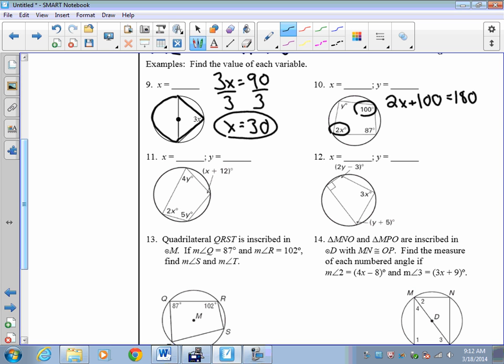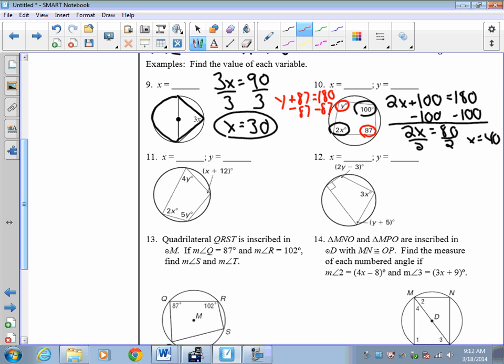Subtract 100. We get x is 40. And if I want to solve for y, do it over here. y plus 87 is 180. Subtract 87. So we get y is equal to 93.